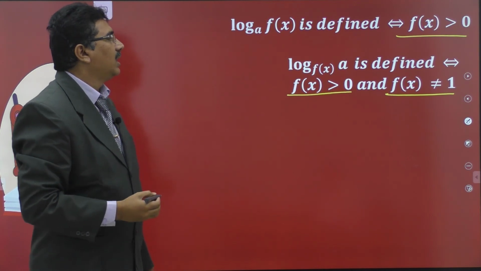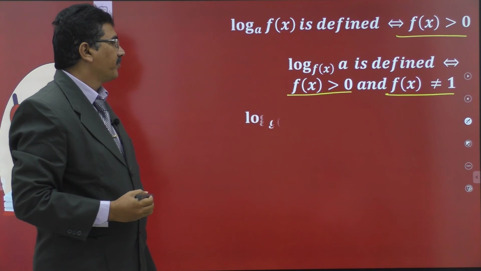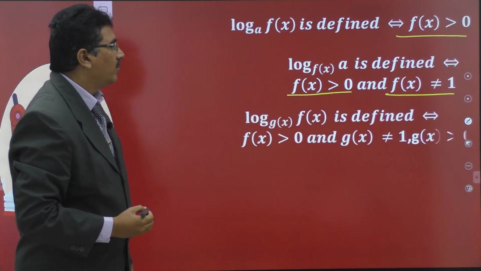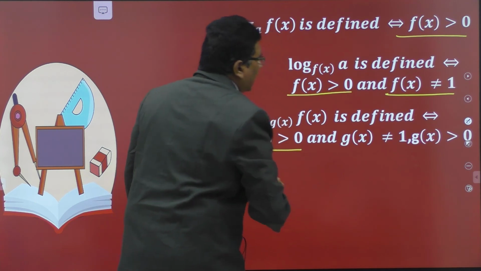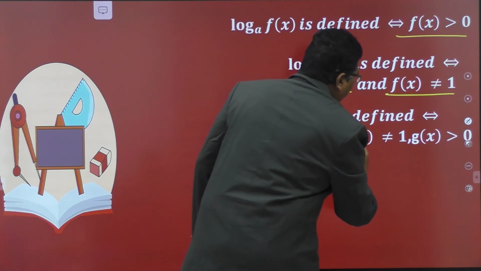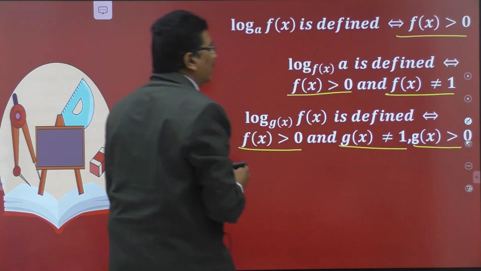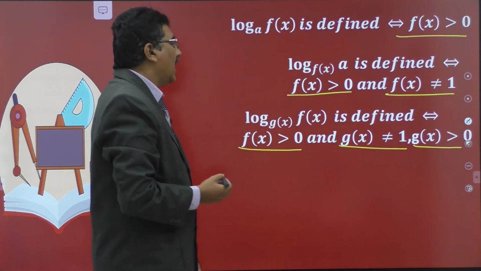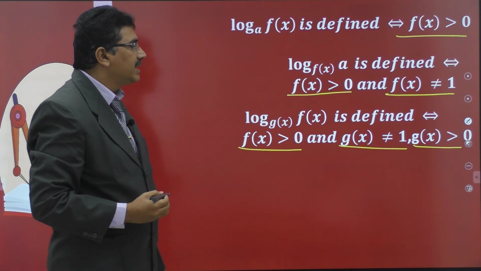Here also a is greater than 0. Now, f of x greater than 0 and g of x not equal to 1, g of x greater than 0. In this case, log f of x base g of x is defined.